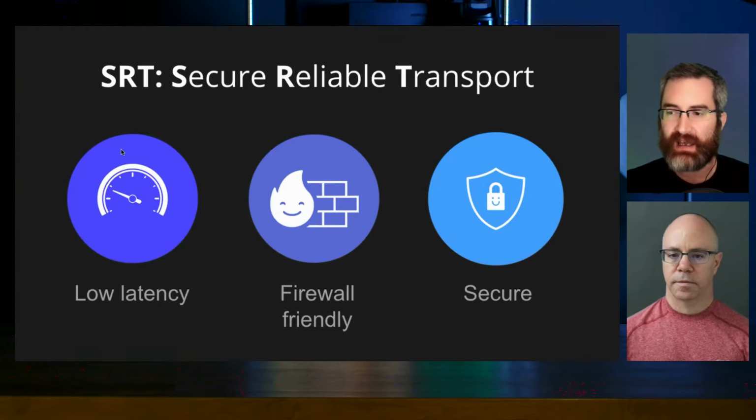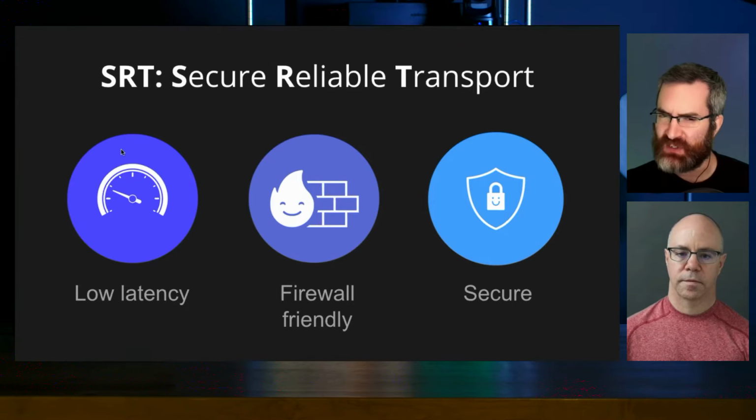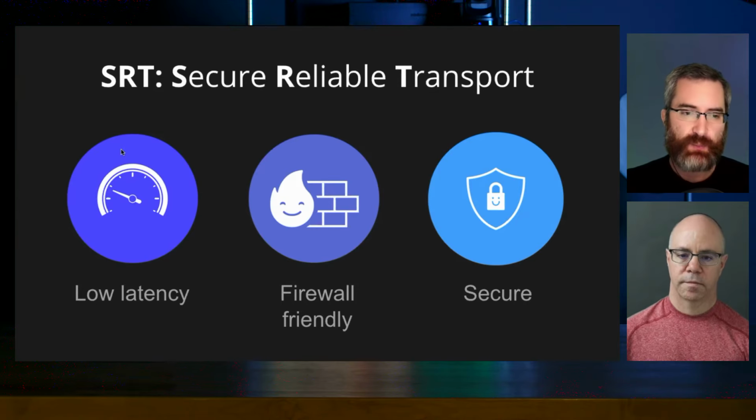Absolutely. So we're going to take a look at a little bit of SRT. And again, because of our focus of being the contribution encoder going up, this is maybe the most exciting one to us, partially because it has some things that are unique to it as well. Definitely an alternative to HLS and Dash for better ingest, but focused on slightly different problems. Low latency being a big one. It's still firewall friendly, which is awesome.